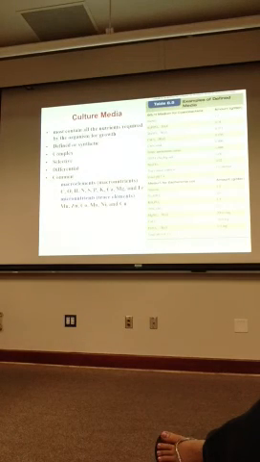Defined is when you know all the ingredients in your media, and complex is when you don't. You're not sure about the concentrations. Selective is when you're selecting for a certain type of microorganism or selecting against. For example, in the next slide, you'll see certain culture media that are specific for gram-positive, and they select against gram-negative.